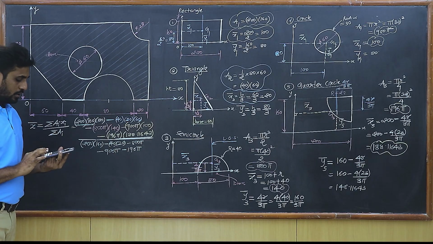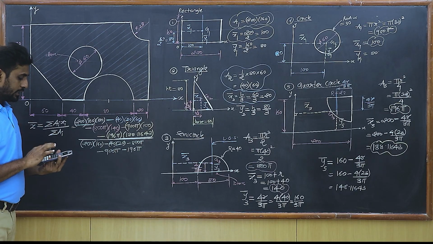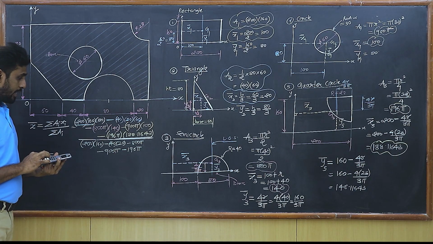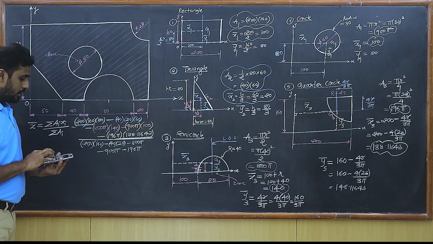This is the numerator, isn't it? And then it gets divided by the denominator, which is 200 into 160, then minus of 40 into 20, then minus of 800 pi, minus of 900 pi, minus of 196 pi.